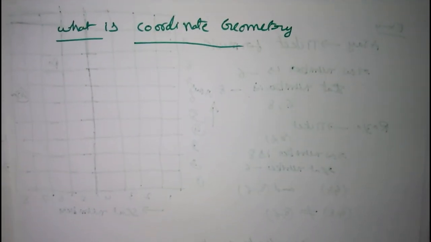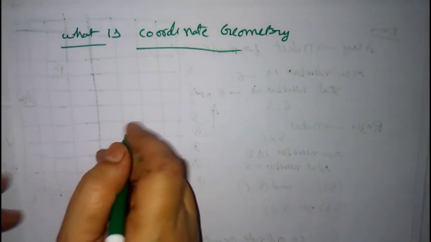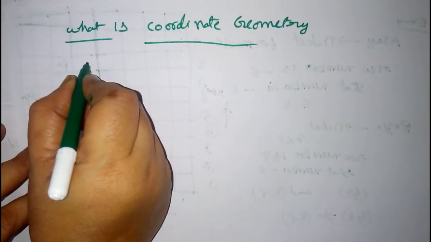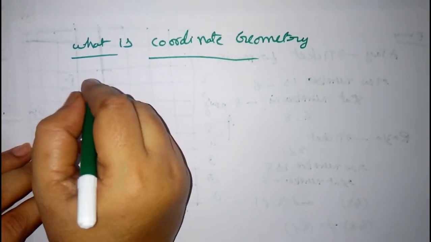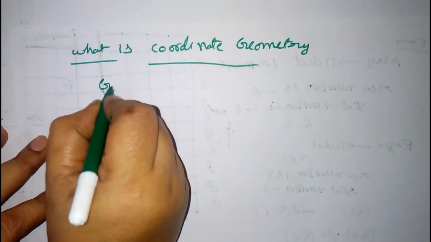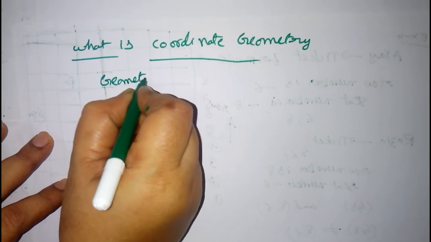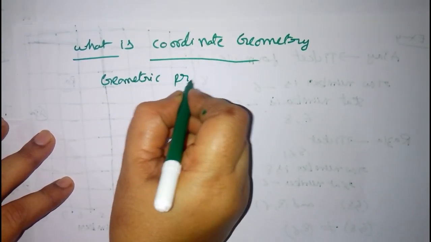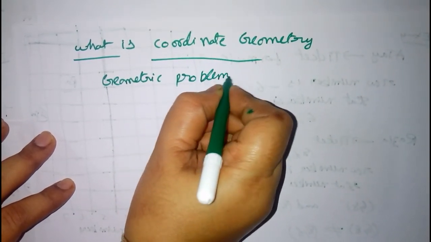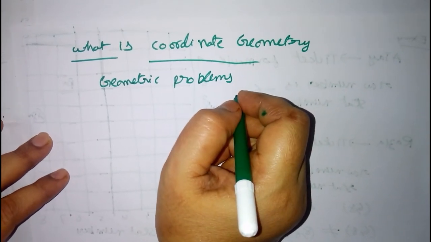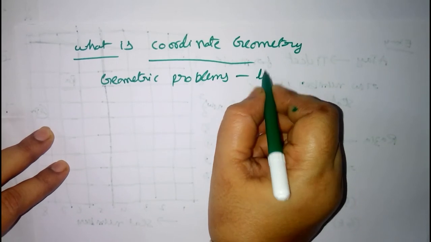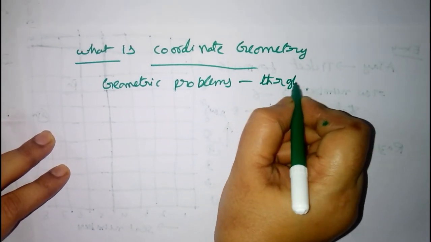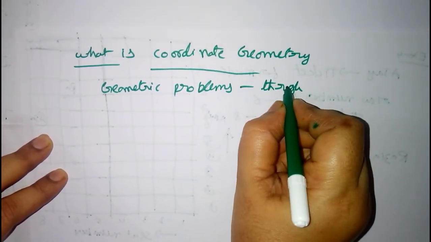Coordinate geometry is a branch of mathematics in which geometric problems are solved through algebra.